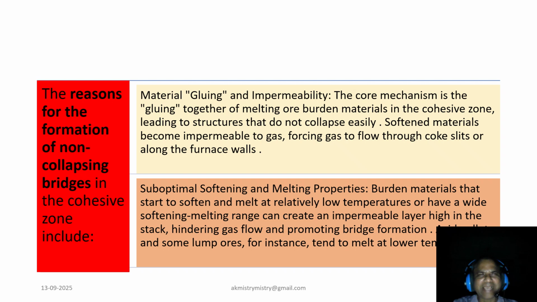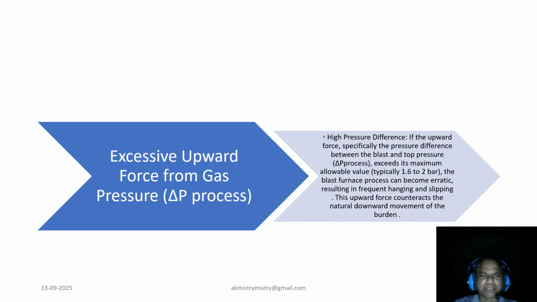If the pressure difference delta P process between blast and top pressure exceeds its maximum allowable value, typically 1.6 to 2 bar, operation becomes erratic, leading to frequent hanging and sleeping as the force counteracts burden descent.